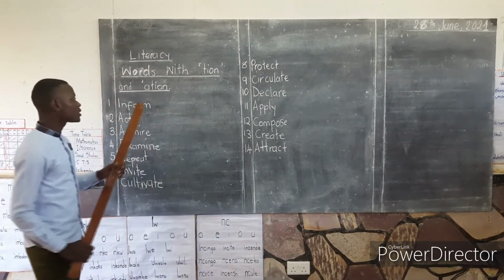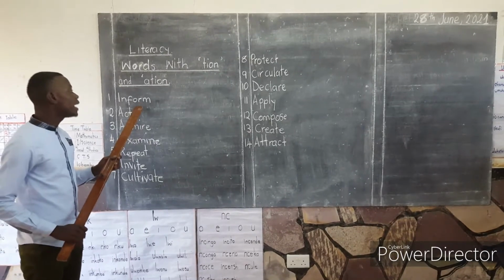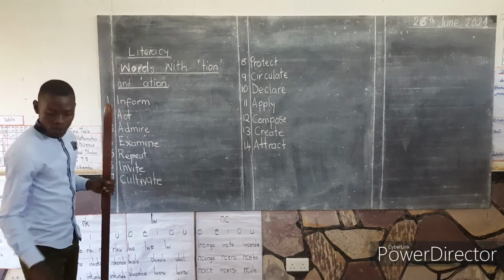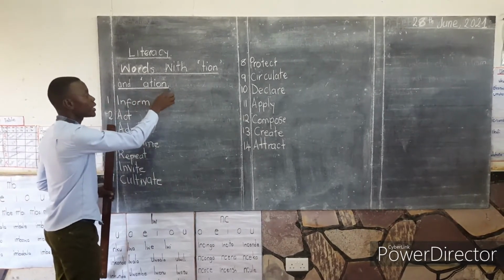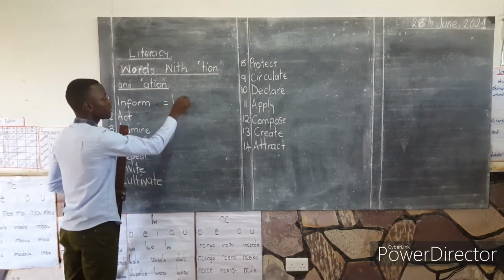So, we'll begin with this one. For us to form a noun from the word inform, we'll add A-T-I-O-N, and this word will be information.